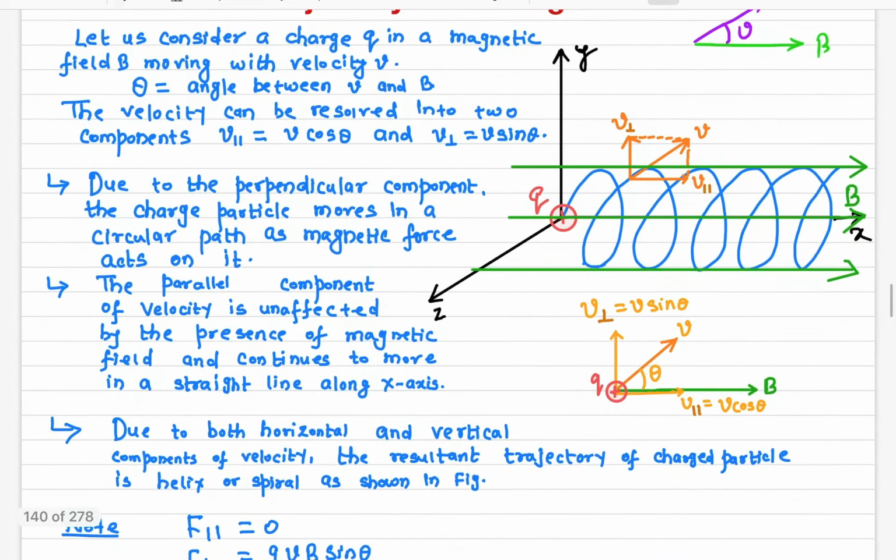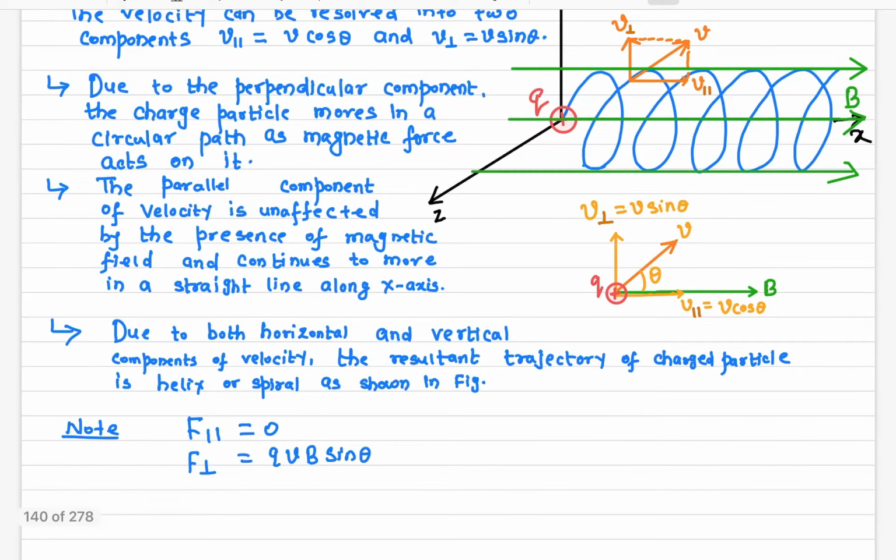When the velocity is in the parallel direction, there is no magnetic force, and the magnetic force acts on the perpendicular component, which tries to move it in a circular orbit, while the parallel component is entirely unaffected. The result is the particle moves in a helical or spiral path.